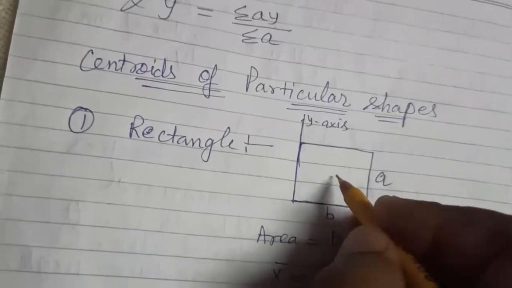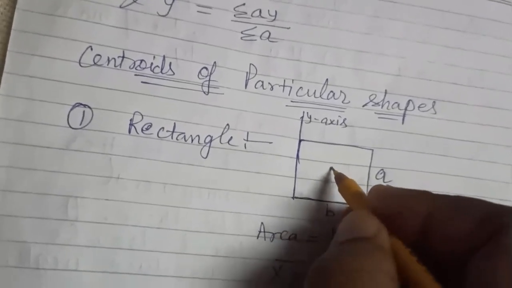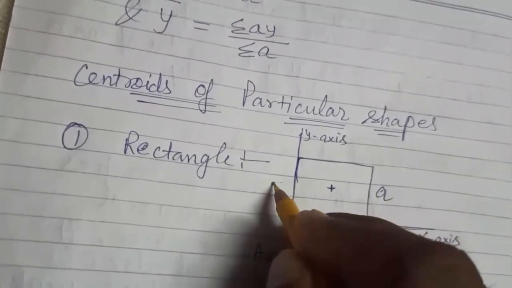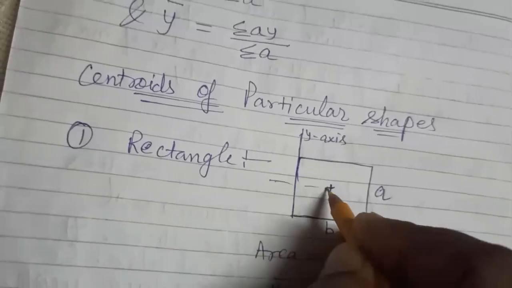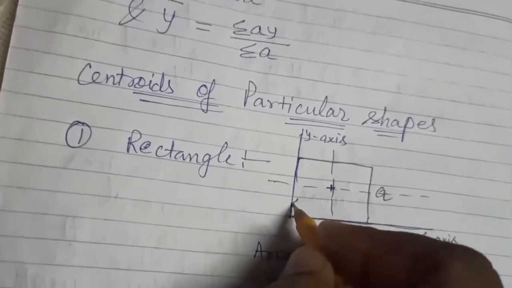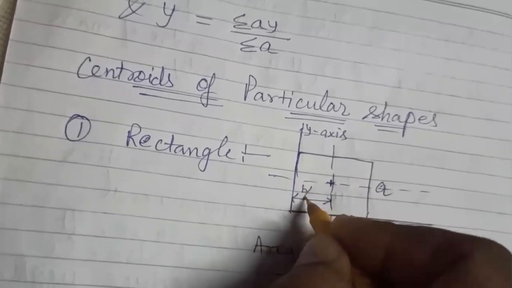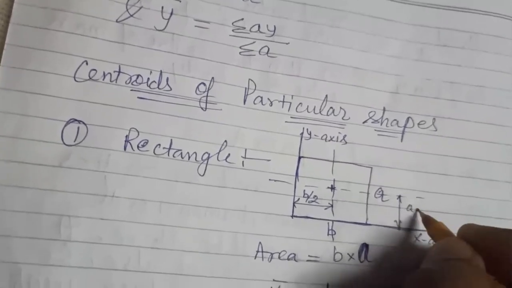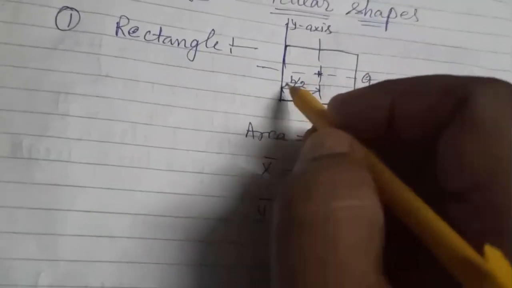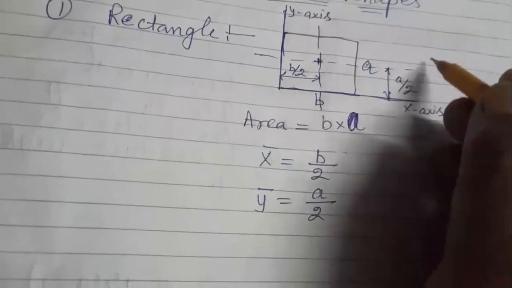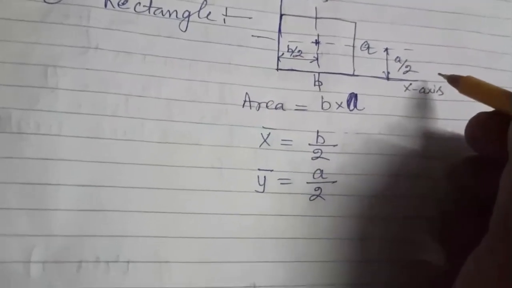Suppose this is centroid. So this distance is b/2 and this distance is a/2. So this is x bar along x-axis and this is y bar along y-axis.